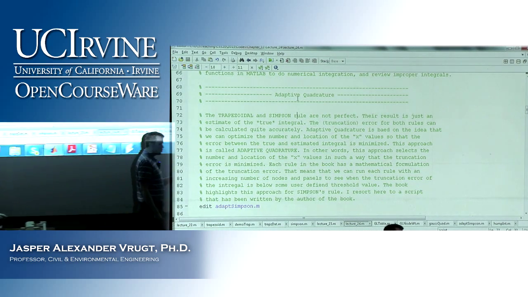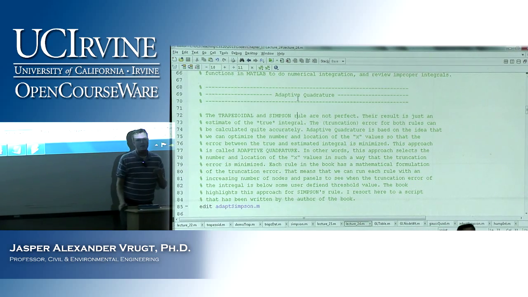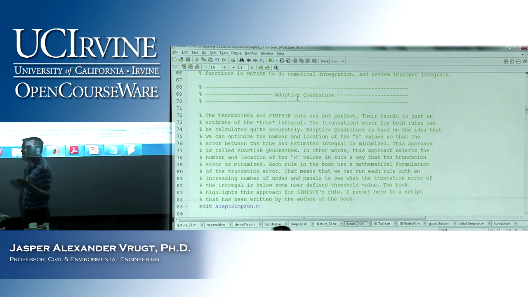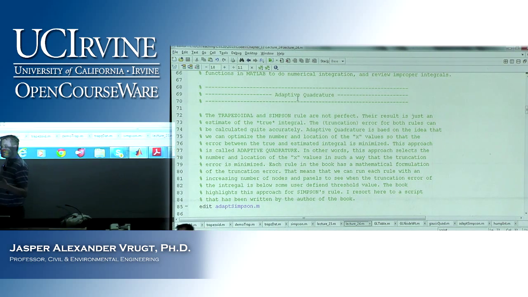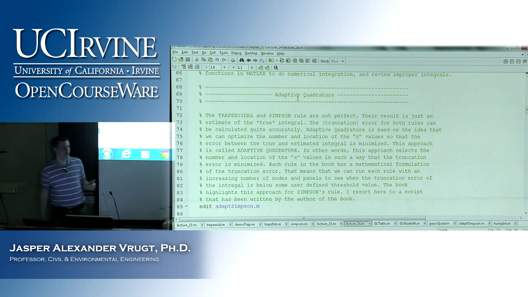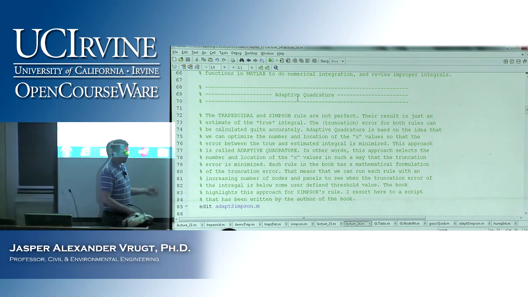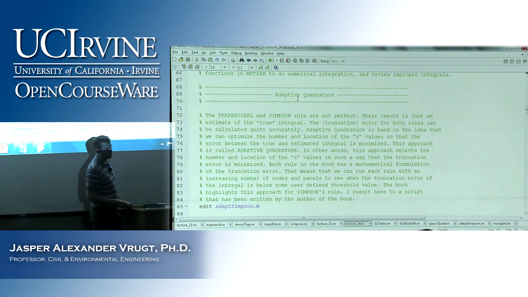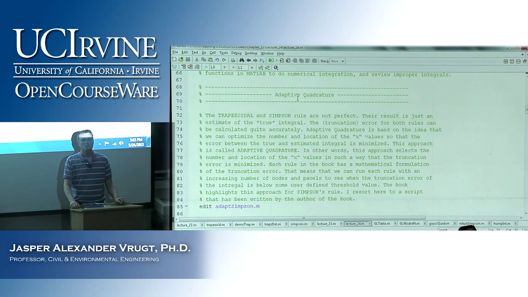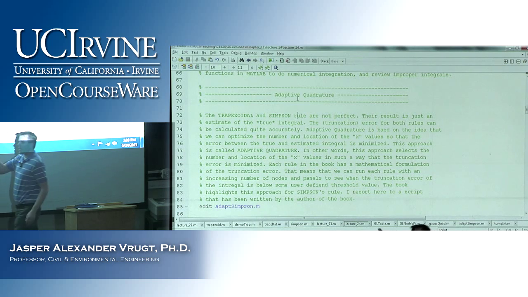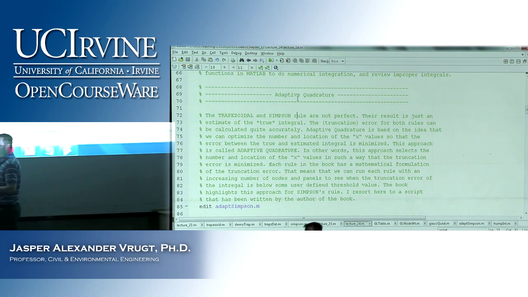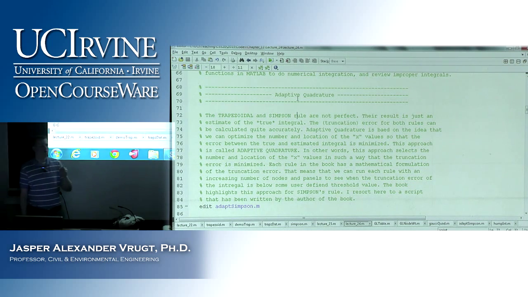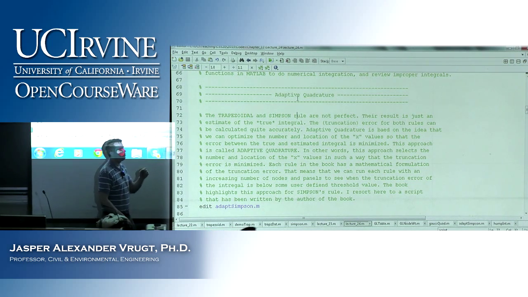Gaussian quadrature is a method that helps you select which x values to take. The resulting integral is essentially the sum of the weights of each x value times the function value at that x value. And there are scripts that will give you the optimal x values for a given number of nodes, a given number of x values you would like to use.